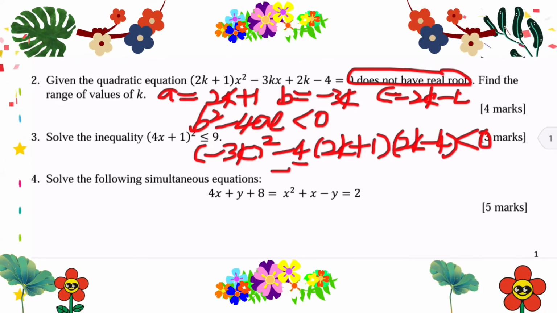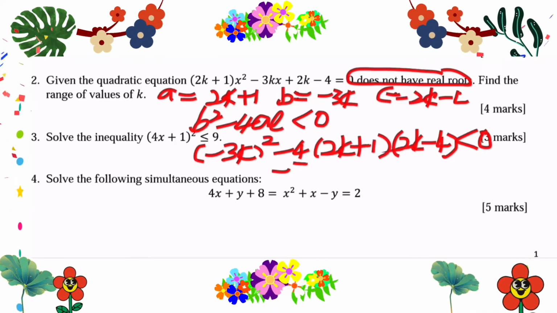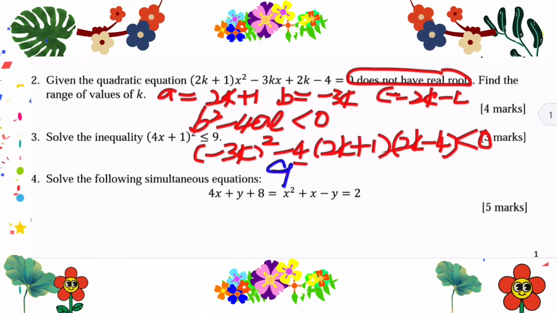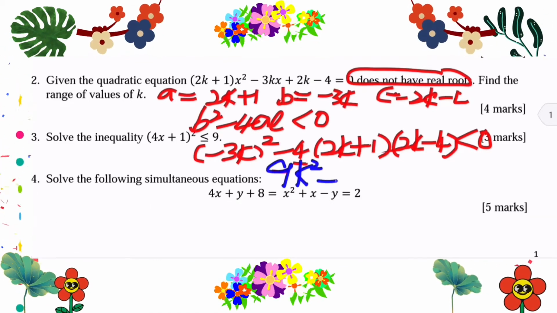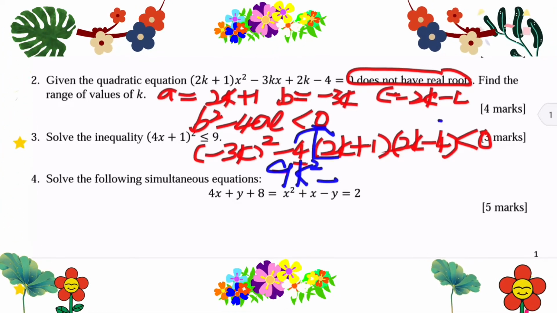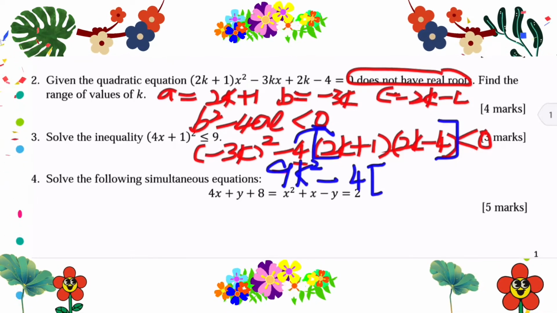So we need to expand carefully and simplify carefully. Now let's do it. We are going to simplify (−3k)² to 9k². Now, because we have 3 terms, we need to make sure we focus on the bracket first.